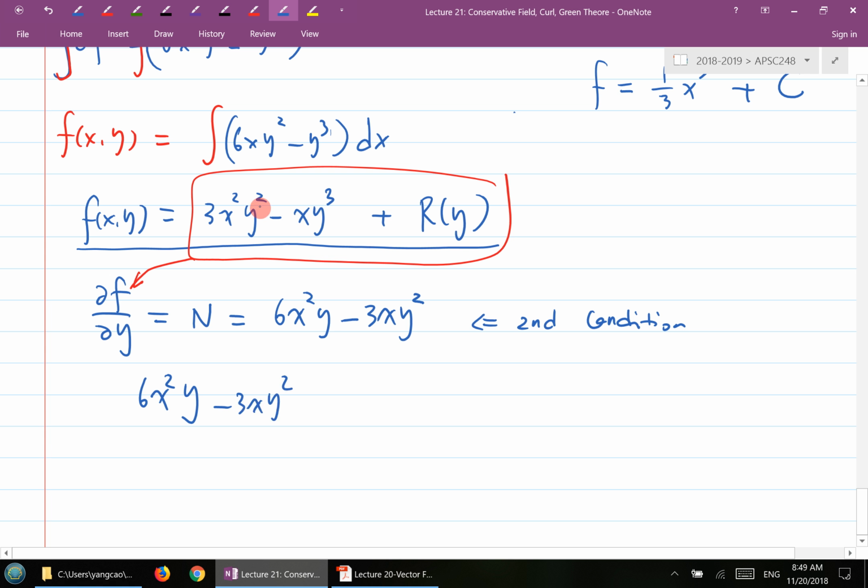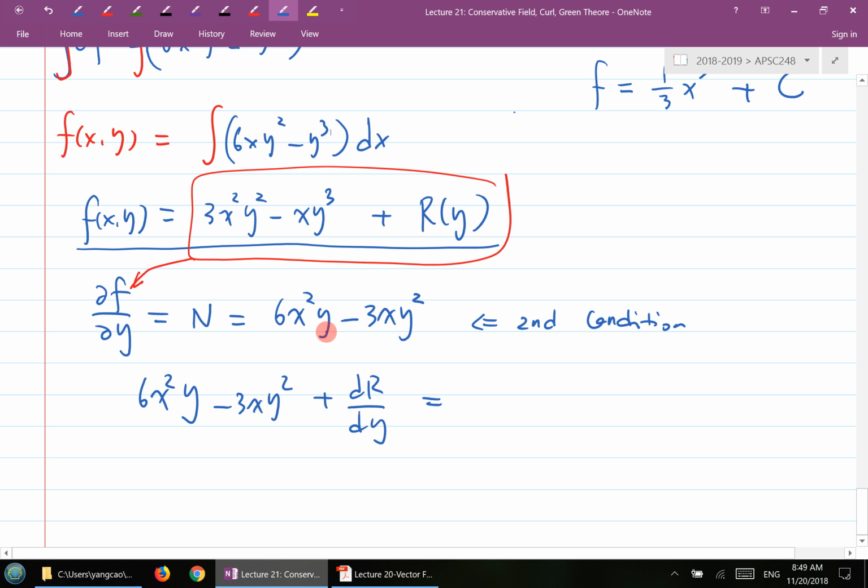That's the partial derivative of the first two terms. And this is r of y, a function of just y only. So it's not really a partial derivative anymore. It's basically dr over dy. That's the left side. After you plug f into this partial derivative, you will get this.